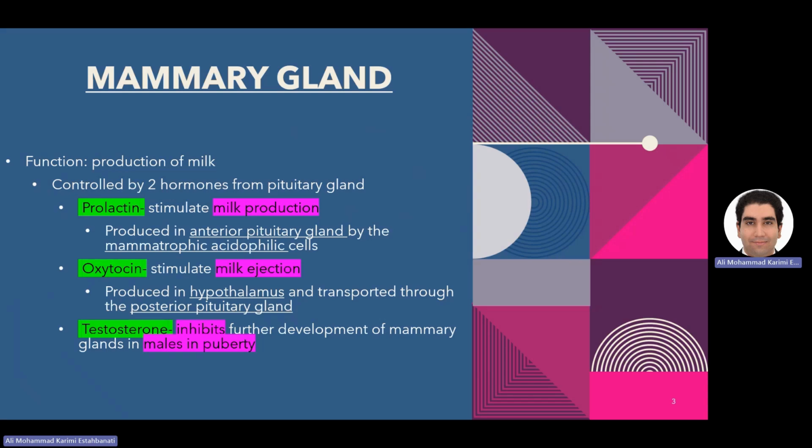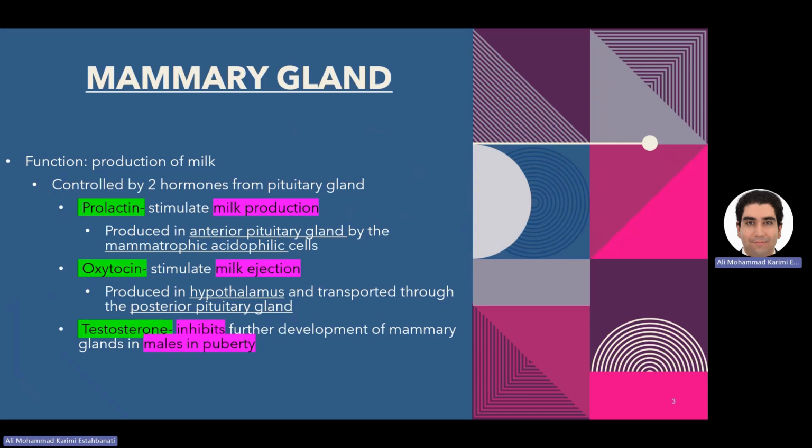The prolactin comes from the anterior pituitary gland and it causes milk production in the breast, while oxytocin production is coming from the hypothalamus and it goes to the posterior pituitary in the Herring bodies, and Herring bodies release them when our body needs it, and they go to the smooth muscles on the mammary gland and cause contraction, which will result in milk ejection.